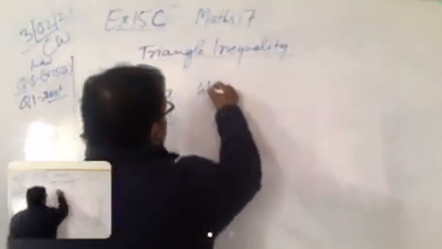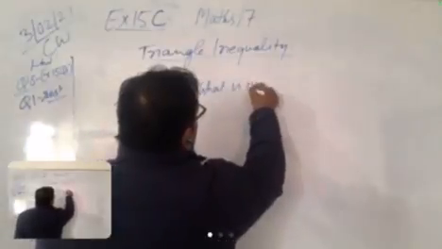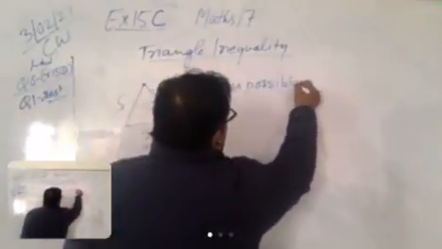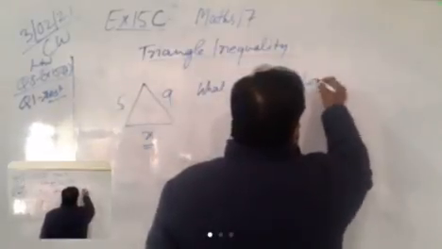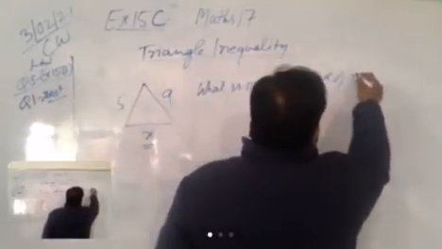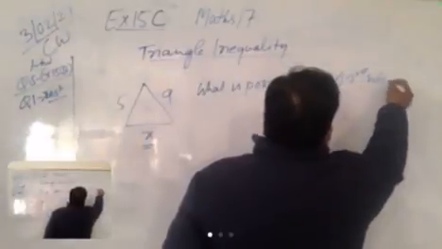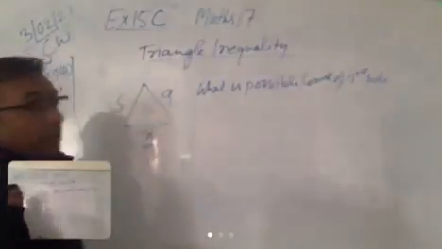So the question is, what is the possible length of the third side?